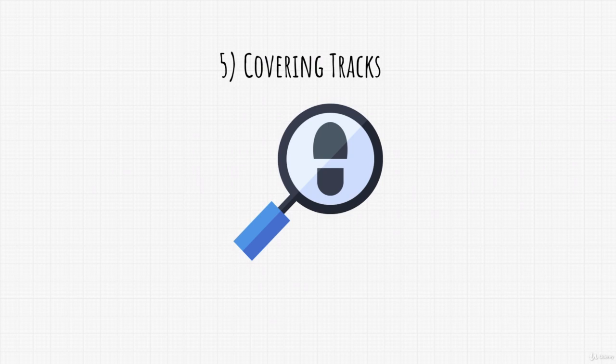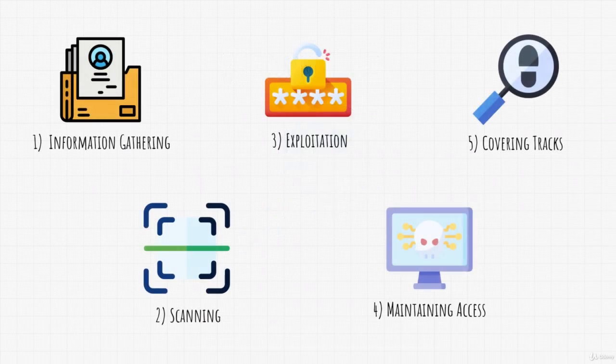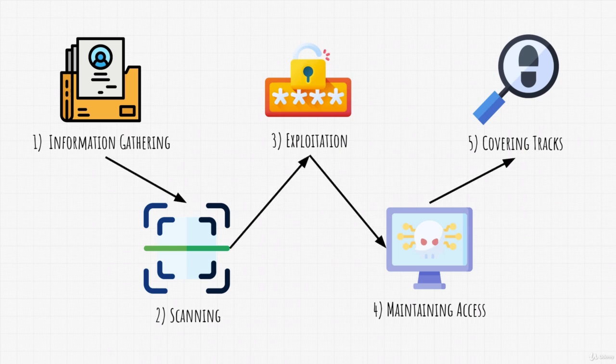Okay, so these 5 steps are the entire process of a penetration test, and we're going to cover them in great detail throughout our course. Keep in mind that these steps should be performed in order. One more important thing: in case you're a beginner, you might think that the third step, exploitation or gaining access, is the most important step of the process.